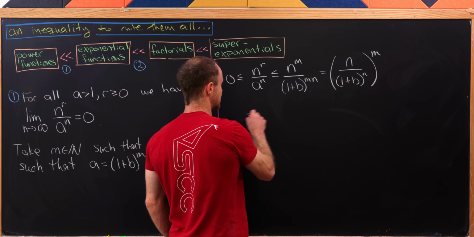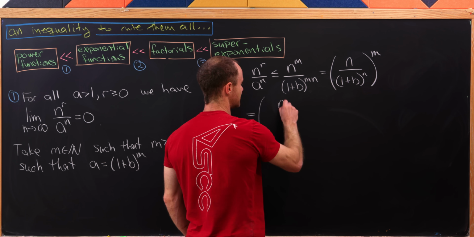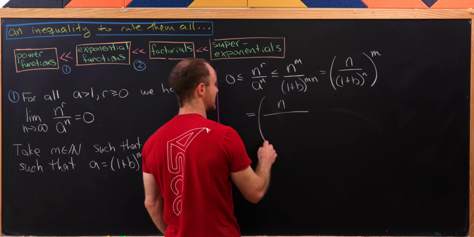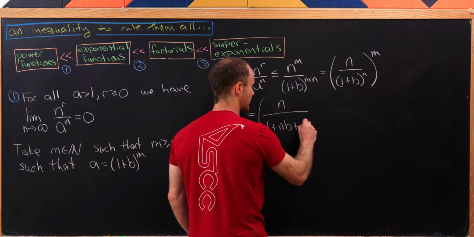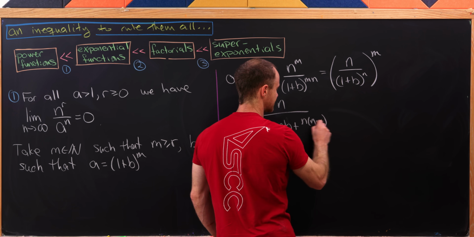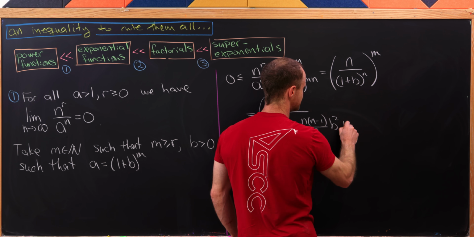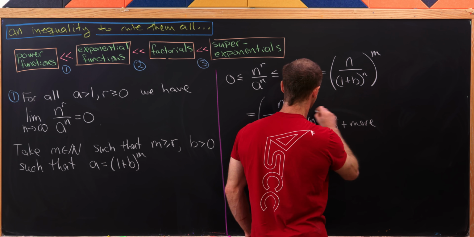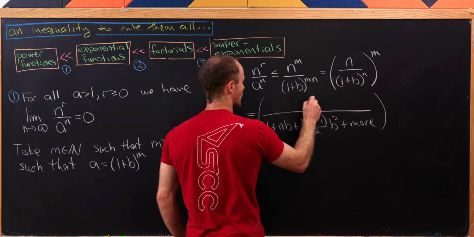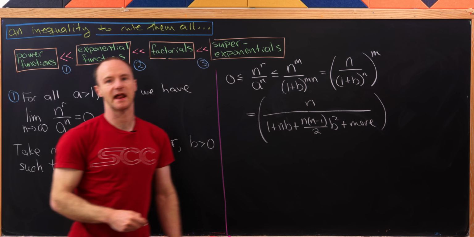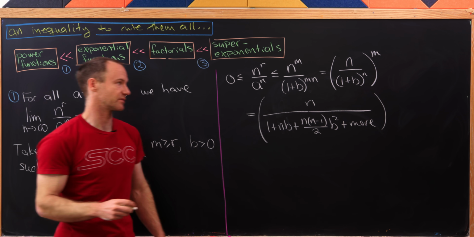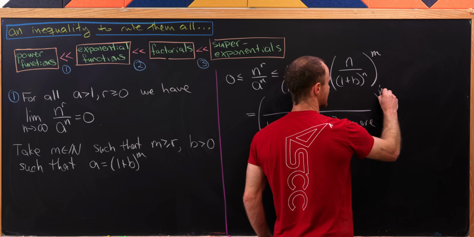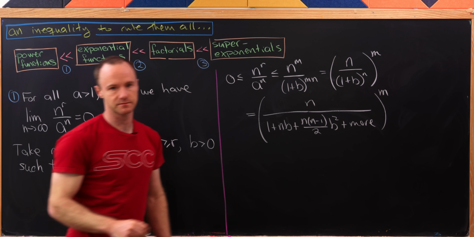I'm going to keep this whole thing within this mth power. So this will be 1 plus n times b plus n times n minus 1 over 2 times b squared plus more terms, where those more terms are from multiplying that out. We could write down exactly what that is, but we won't need it for our purposes. And then this is all raised to the m power.